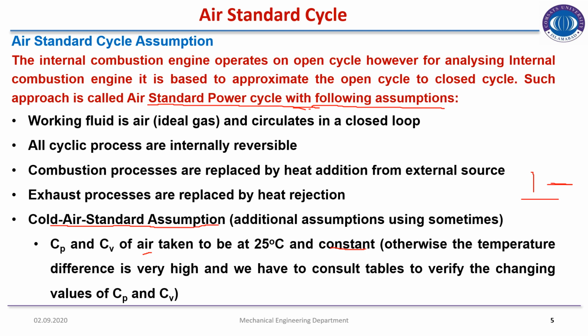For reference, the temperature in the cycle may vary between, let's suppose, a least temperature of 120 and a maximum temperature of 600, so there is a large variation in temperature. Here the cold air standard assumption states that we take the values of Cp and Cv for air as constant.